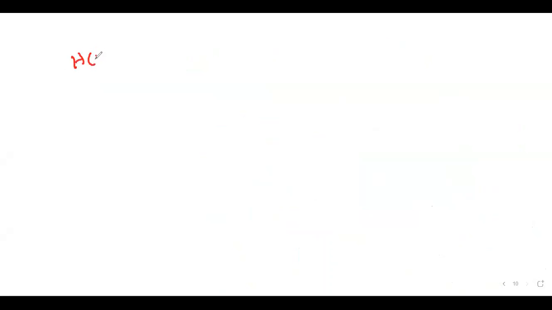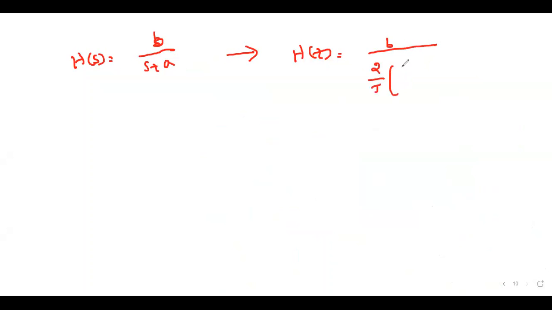Here h of s taken is b by s plus a. Then what we got after transformation? h of z is equal to b by 2 by T into 1 minus z inverse by 1 plus z inverse plus a, right?